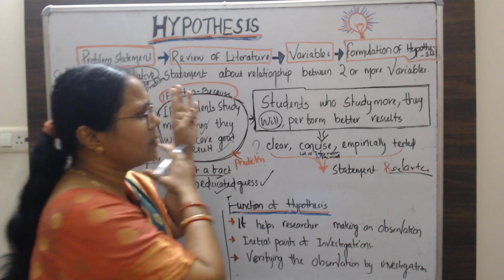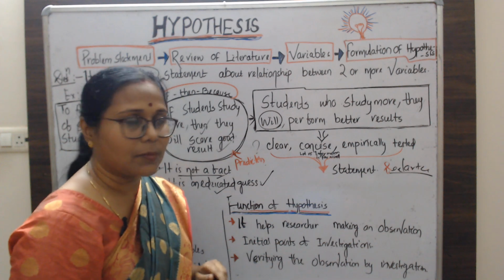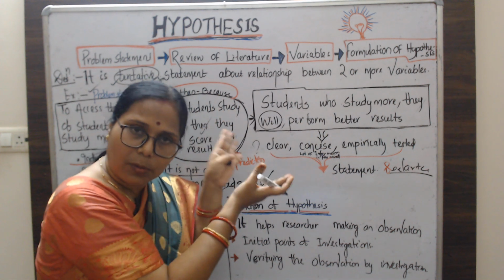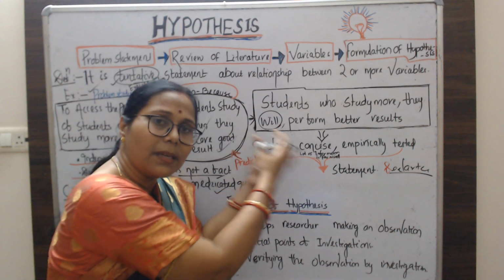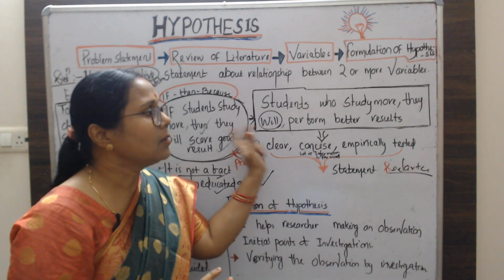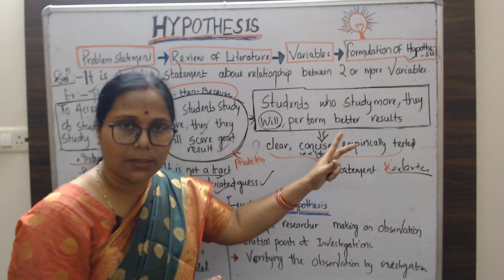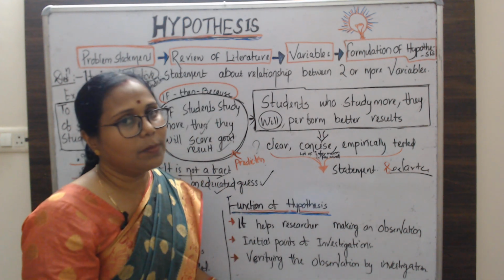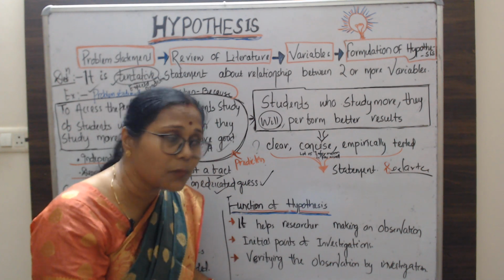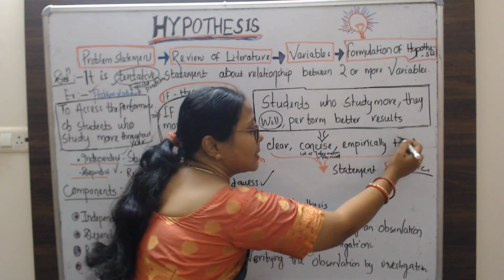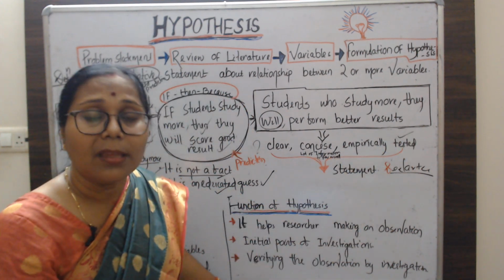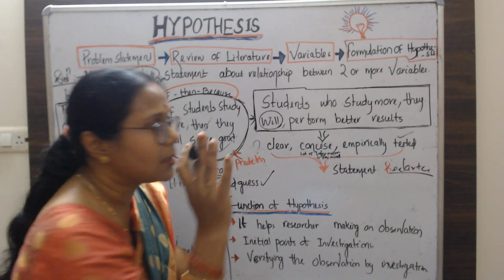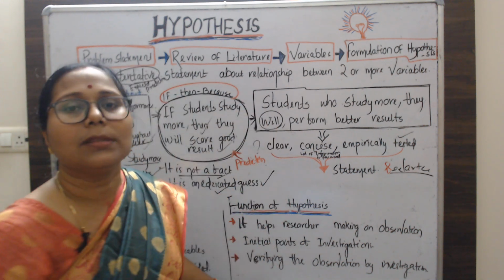No need to write a long declarative form. Within two or three lines, it explains the total hypothesis, the total prediction. And empirically tested means it has been investigated or an experiment has been done. After that, we call it a tested hypothesis.